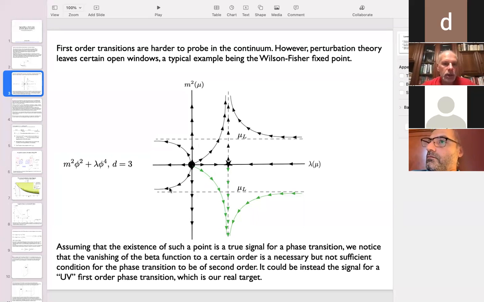So if this Gaussian fixed point, for example, is an ultraviolet fixed point, then this star point here will be an infrared fixed point. In 5 dimensions, the situation would be reversed. The Gaussian would be infrared, and the star, the Wilson-Fisher, would be an ultraviolet fixed point.